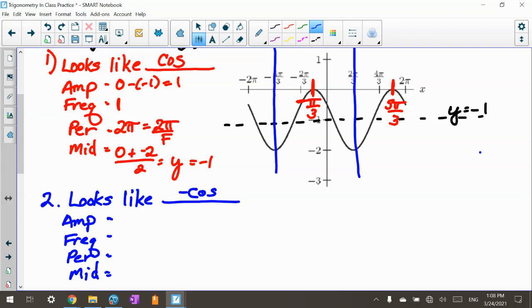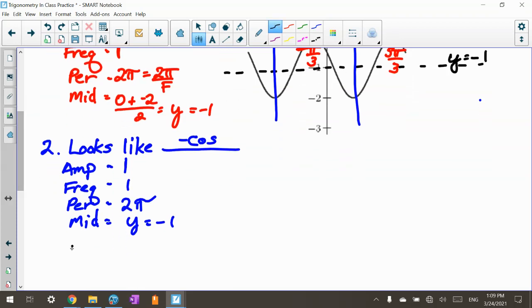The period's still 2 pi. My frequency is still 1. My amplitude is still 1. And my midline's still negative 1. So the only difference between the blue and the red that I did is that it's shifted over, and now it looks like negative cosine.